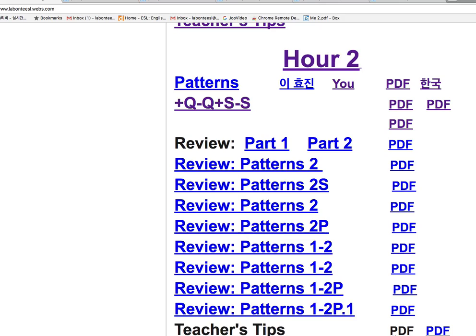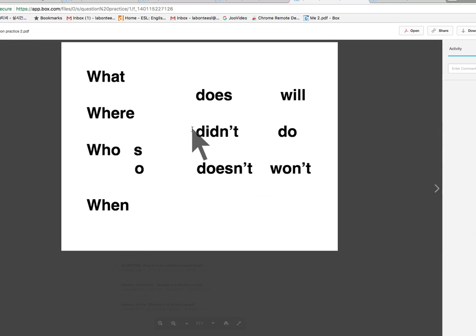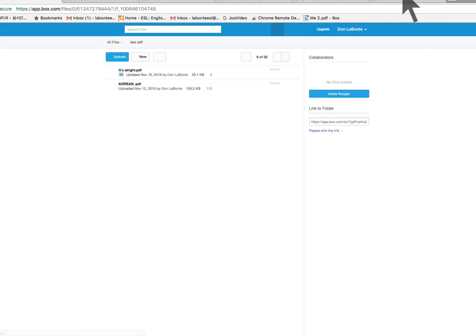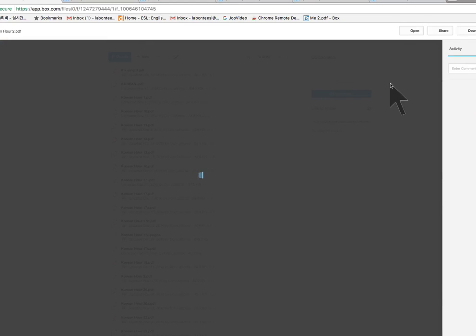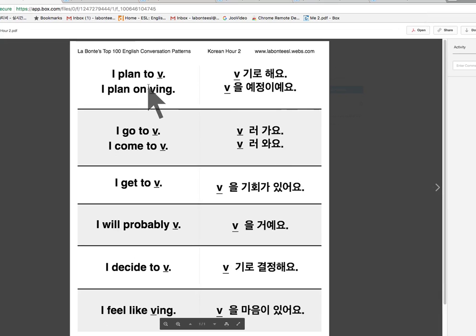At the teacher's tips here, you'll find these 2 PDFs here that reflect this pattern and this large one to show them what you want them to do. Also, if you have some Korean students, I have identified right here the exact same pattern in Korean.